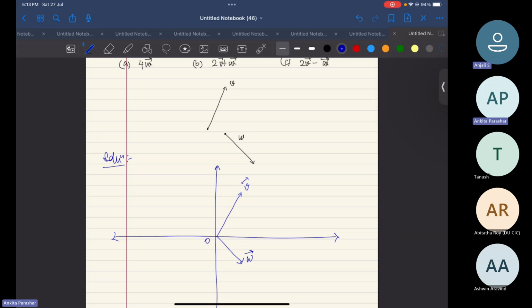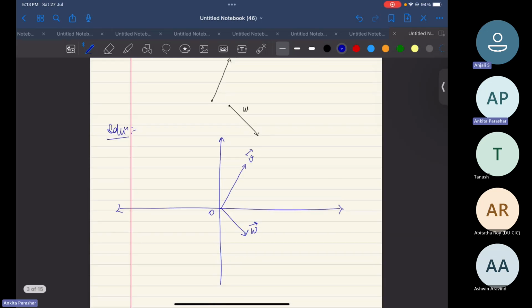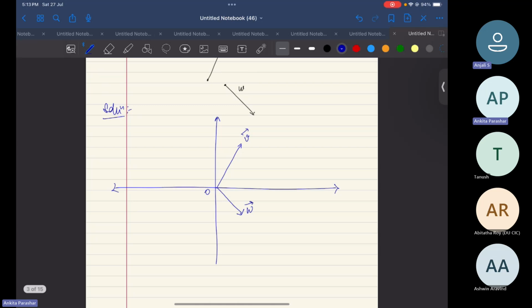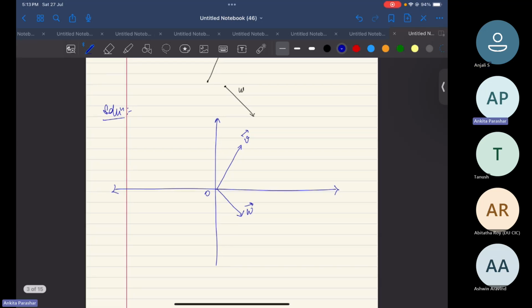Are you all with me? Yes, ma'am, extending this vector 4 times. Right. So suppose this is the length of the vector that I have written, will the direction change or not? No, it wouldn't change. It will remain.